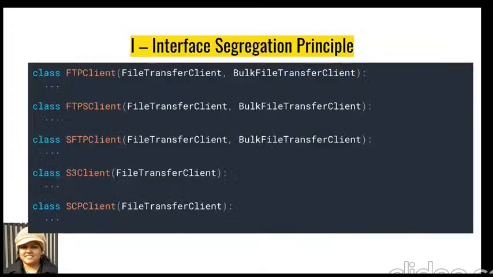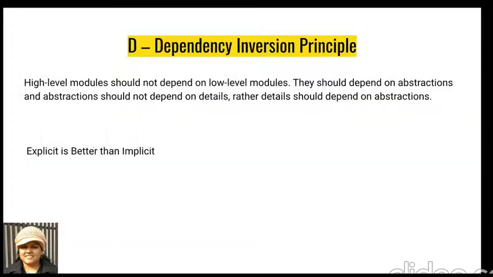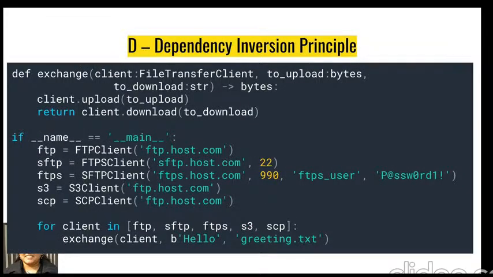As we have our different classes for each type of file transfer and none of them depend upon each other, we can have different objects of each type of file transfer client, and because they have the same kind of signature, we can use them directly in the function call and trigger the upload and download functions without worrying about whether we are calling the correct function of the object, or whether there is any naming convention change, or some thing that one object supports while another doesn't.